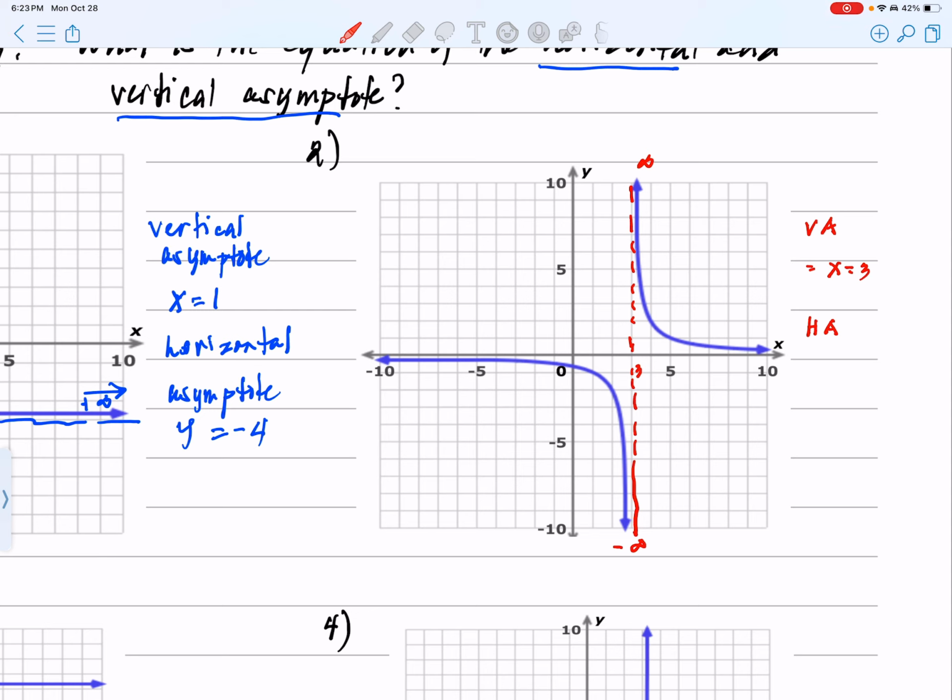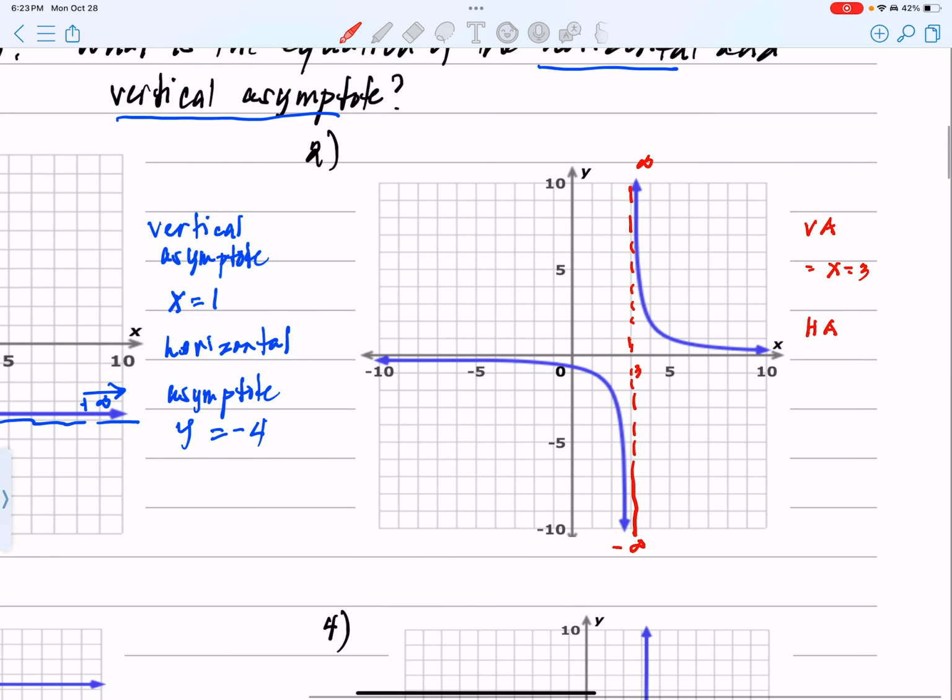All right. How about the horizontal? This is our horizontal, right? As x goes to positive infinity right here and negative infinity.